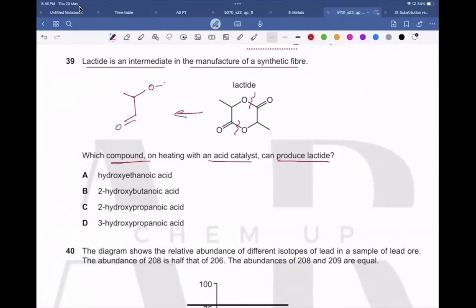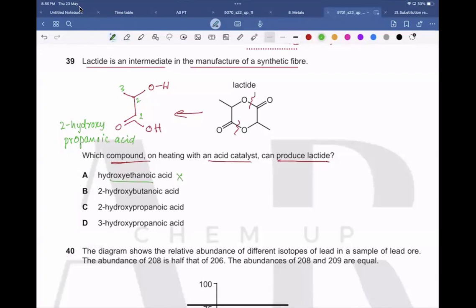So over here we get an alcohol and over here a carboxylic acid. If I start numbering from here, 1, 2, and 3, and give an IUPAC name to this one, it is going to be 2-hydroxypropanoic acid, isn't it? So it is formed from 2-hydroxypropanoic acid.